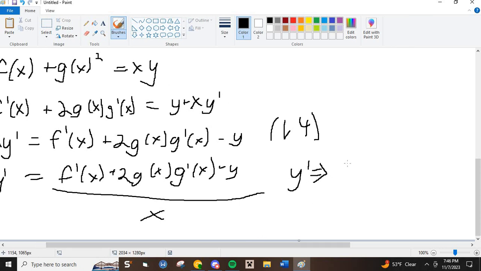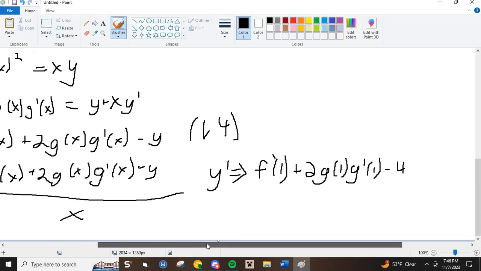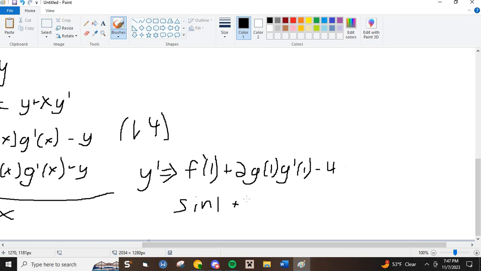becomes f prime of 1 plus 2 g of 1 times g prime of 1, and then for every time you see y you plug in 4, so minus 4, and x is in the denominator here, so if you just plug in 1 there, then that cancels out the denominator, so you don't need to do that. And so you're just left with sine of 1 from the original equation here, plus 2 times 2.